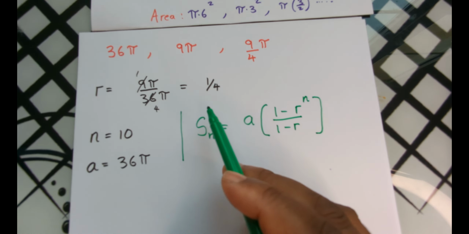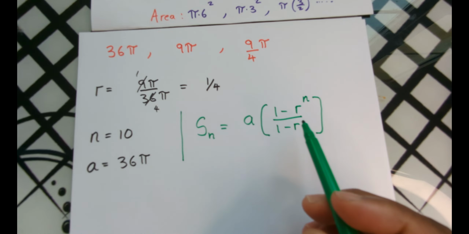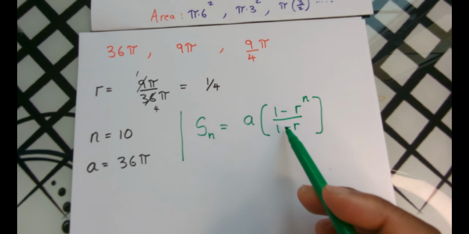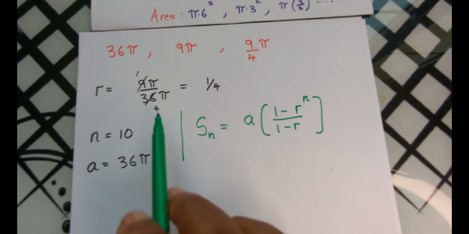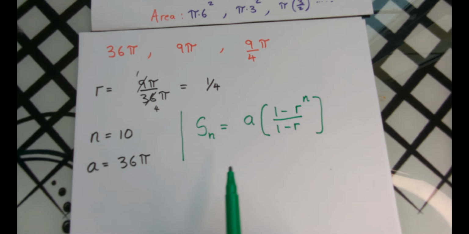Since our common ratio is 1/4, which is less than 1, this is the formula that we should use. Now let's take our values of r, n, and a and plug them into this formula.